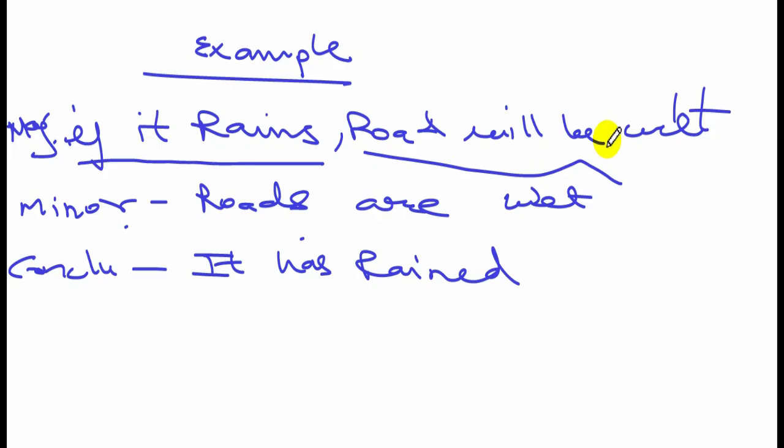Let us explain with the help of the above example. The road, for instance, may be wet due to leakage of drainage pipes. So, roads are wet, but fallacy has occurred. We have fallaciously assumed that it has rained. It could have happened due to faulty drainage pipe or leakage in a drainage pipe. That could have also made the road wet.